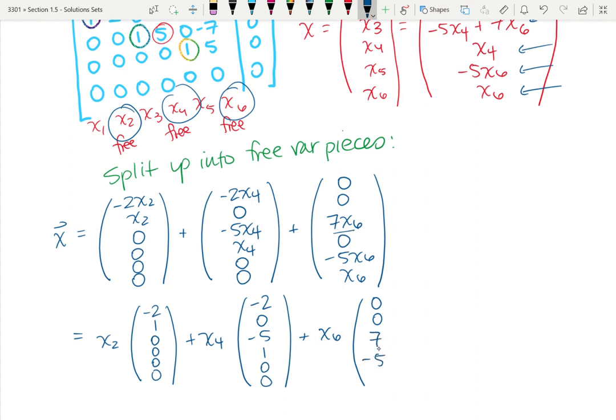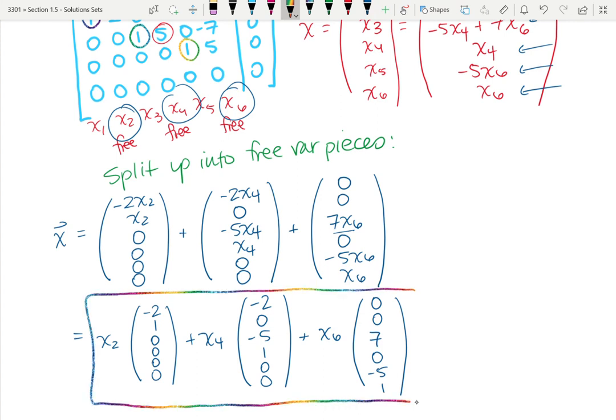Oops, I missed an entry. Positive 7, 0, negative 5, and 1. And this would be your final parametric vector solution form.